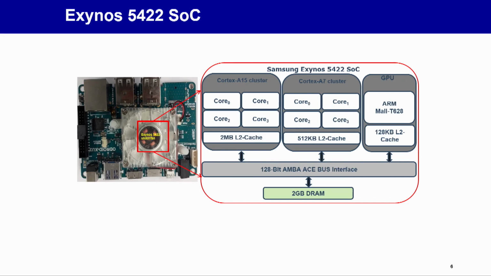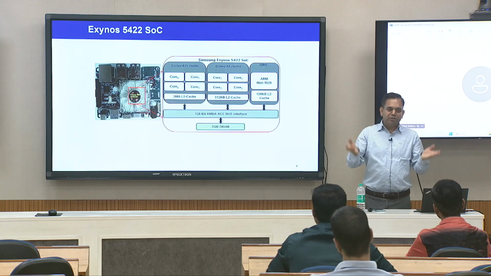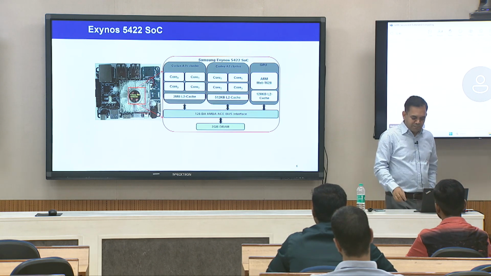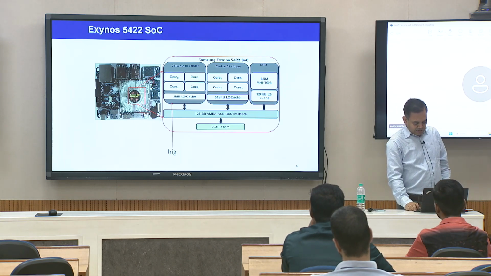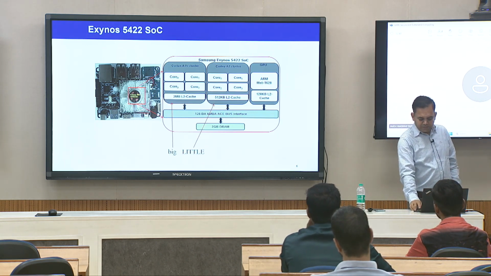So this is the chip name that Samsung gave to its products, but it used processors like Cortex A15 and Cortex A7, which are made by a different company, ARM. They pay for each of them, and they manufacture the whole chip themselves. That's what they do. This big little we already have said.